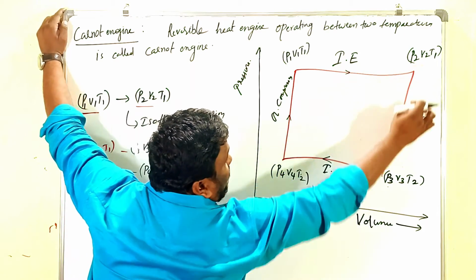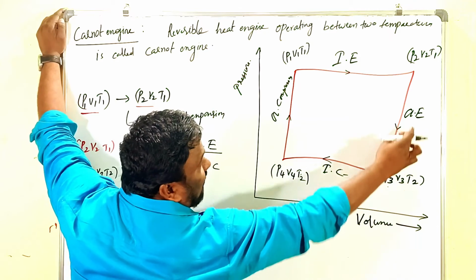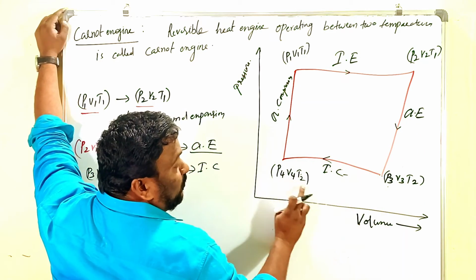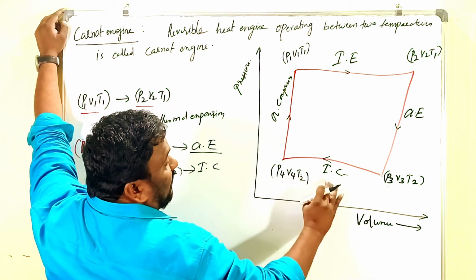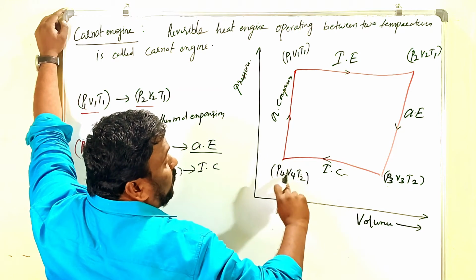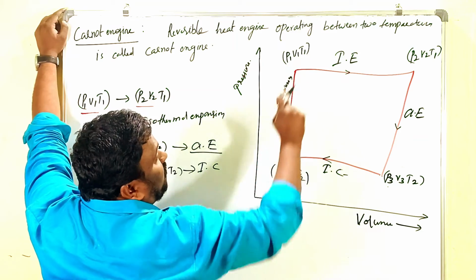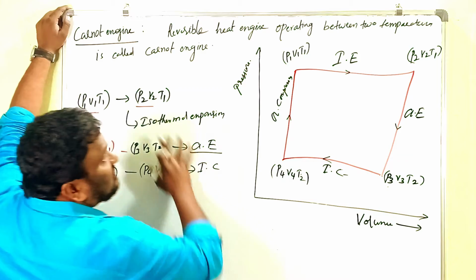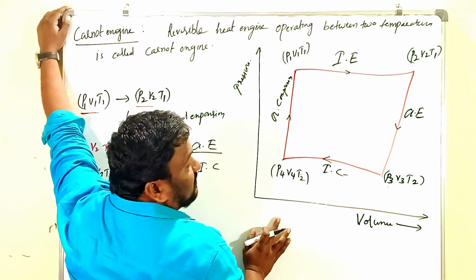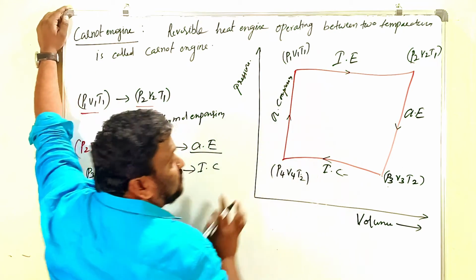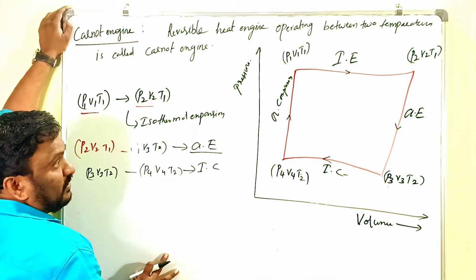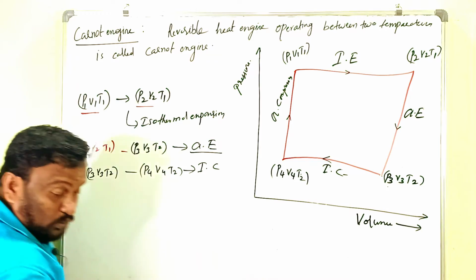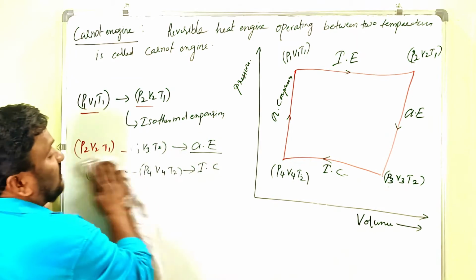P2 V2 T1 to P3 V3 T2 is adiabatic expansion. P3 V3 T2 to P4 V4 T2 is isothermal compression. Now P4 V4 T2 to P1 V1 T1 is adiabatic compression. That means this entire Carnot engine is operating at the temperatures T1 and T2. Clear? So dear students, this is simply about the diagram, and now we have to find out the work done by the ideal gas.